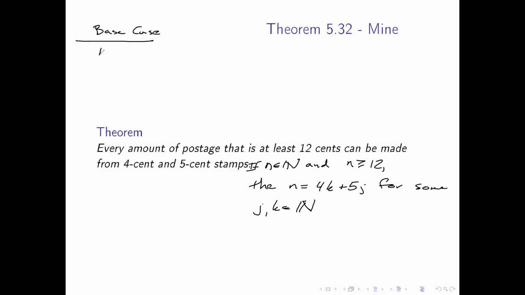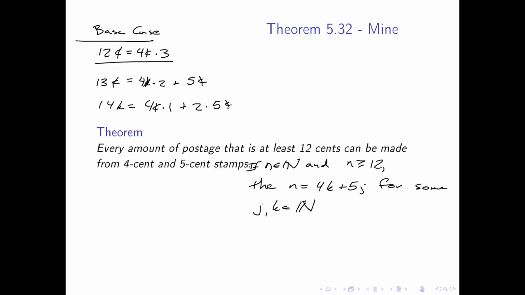So our base case is, let's go 12 cents. Obviously, this is equal to 3 4-cent stamps. Let's look at 13 cents, and maybe we'll see a pattern here. Well, this would be equal to 2 4-cent stamps plus a 5-cent stamp. 14, I only need one 4-cent stamp, but I need 2 5-cent stamps.